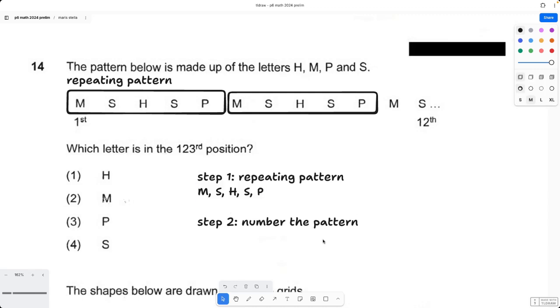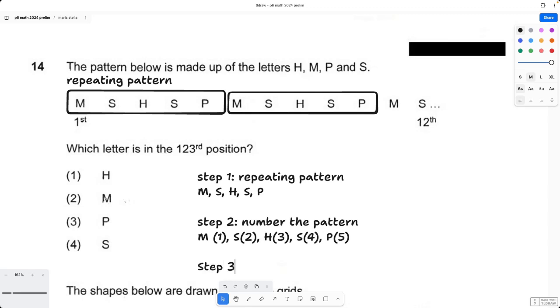So MHXP is this. This is 1, this is 2, this is 3, this is 4, and this is 5. Okay, last one.